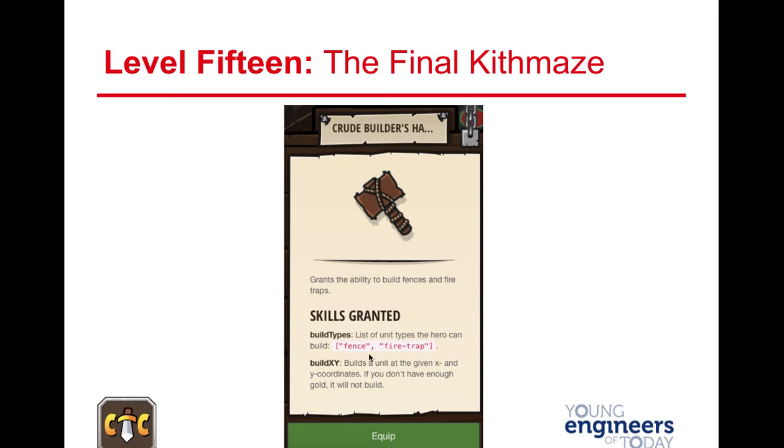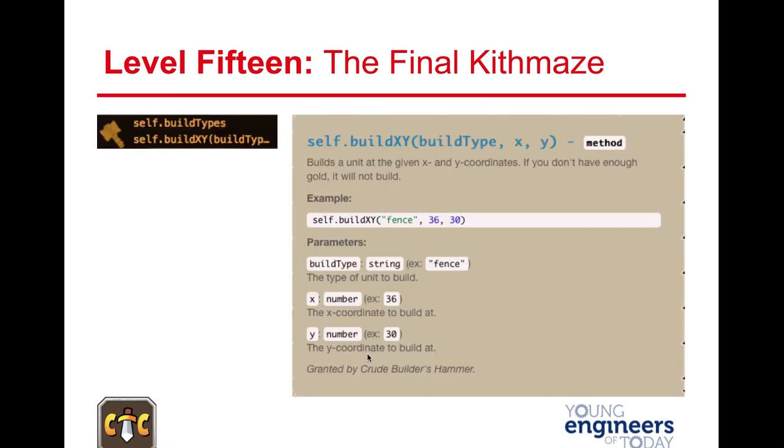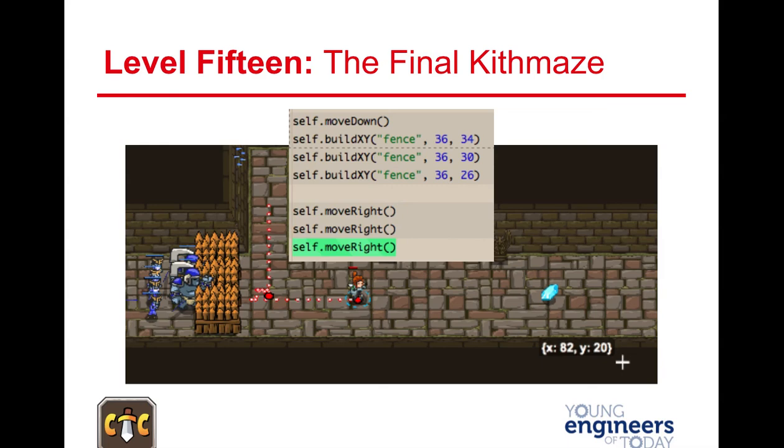We're going to be focusing on build XY in this one. And this allows you to build something at a certain location. So this string is used almost like a tag in the game. So it knows what like a fence is, or what a gate is, or what a wall is. And those things have strings that identify them.